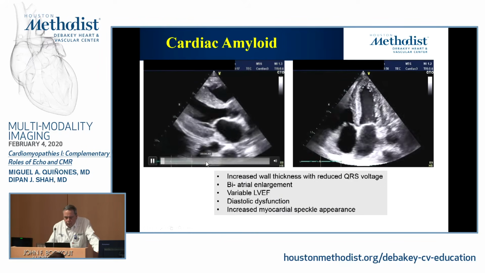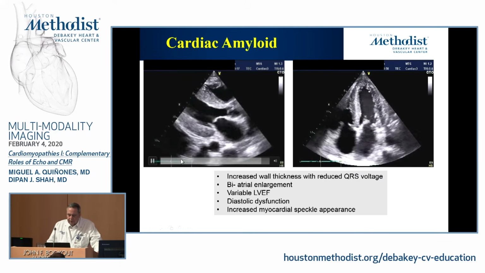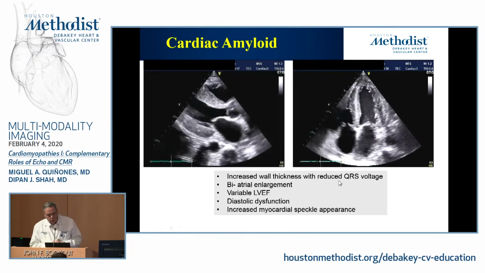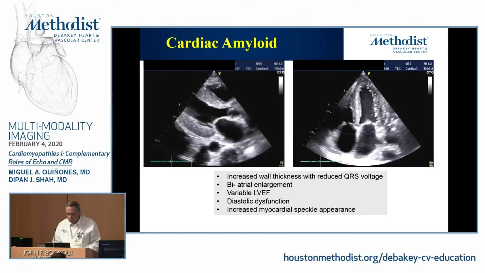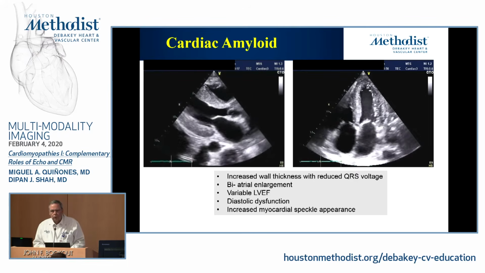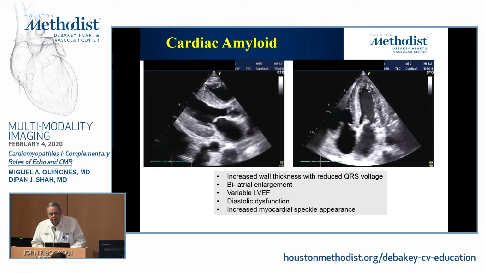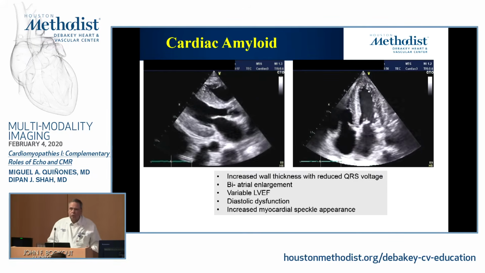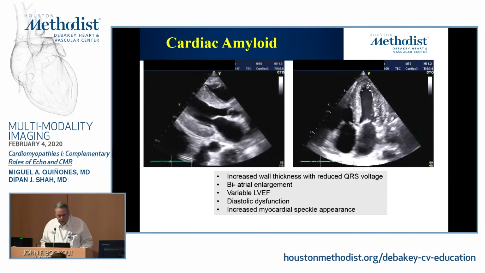And then doing a relative comparison of the increased wall thickness on the echo with the QRS voltage has created some clues, but again, you will not put all your eggs in that basket. It's only because we have become so much more suspicious of the disease nowadays that we're picking it up a lot more by all the other tools that you will hear about later.